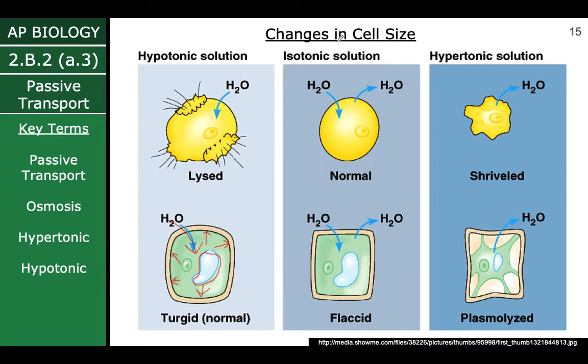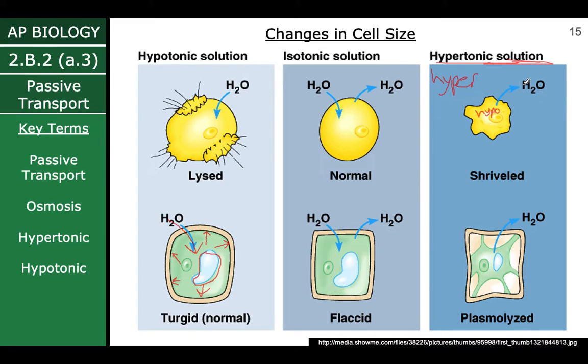And then I'm going to move over to the hypertonic solution. If it's a hypertonic solution, which one is hypo and which one is hyper? Give you a quick second. If the solution that it is in is hyper, that means that the inside of the cell has to be hypo.